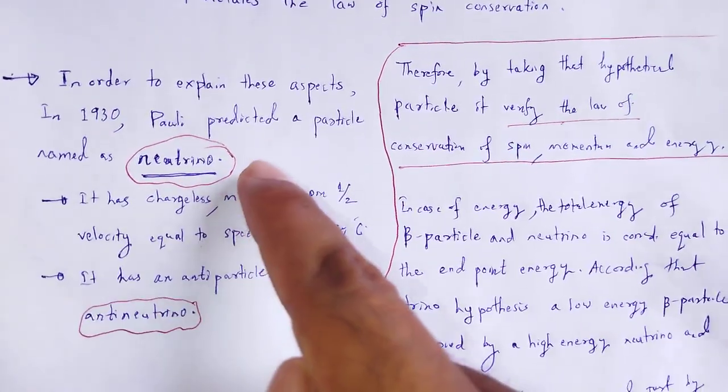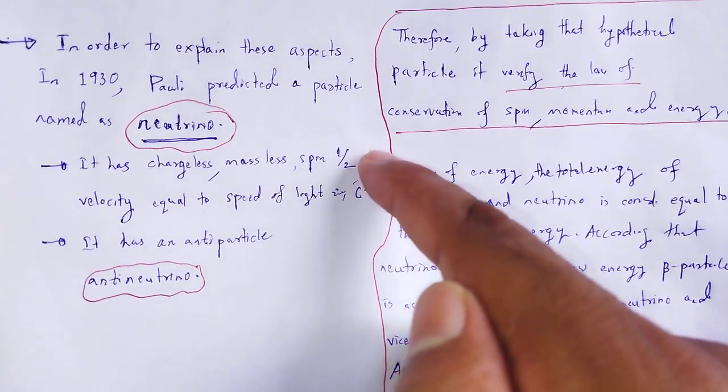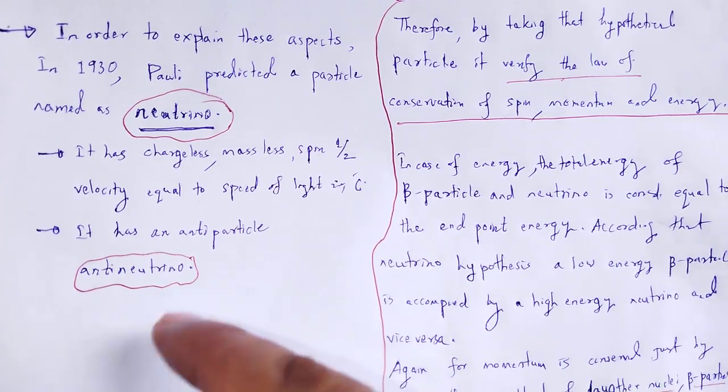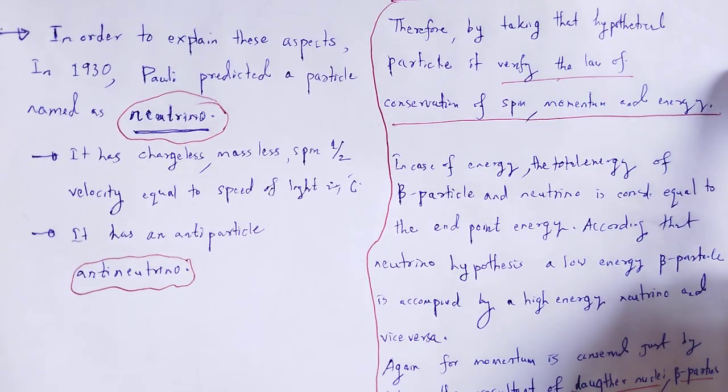After predicting this particle called neutrino, which is chargeless, massless, with spin half and velocity equal to the speed of light, and its antiparticle antineutrino, these violated laws are verified.